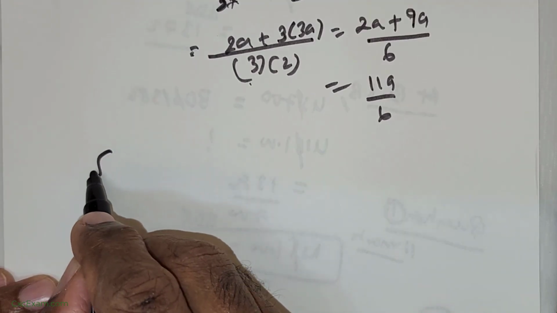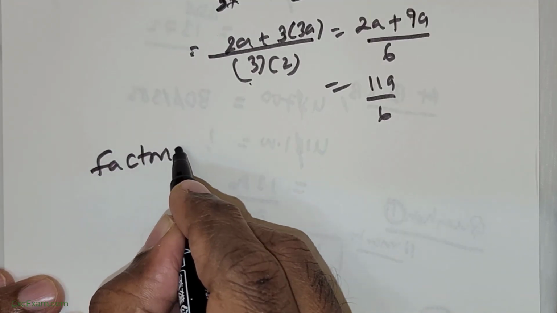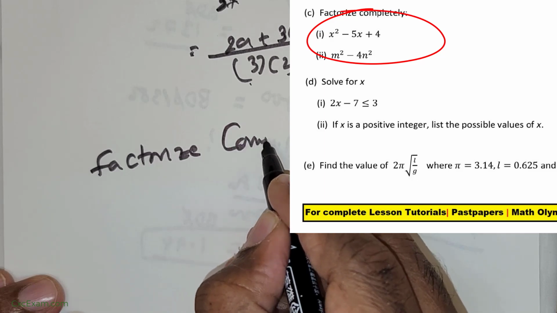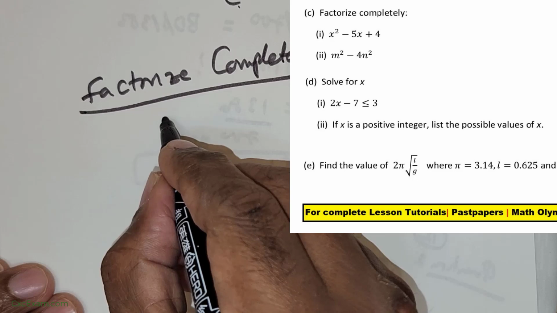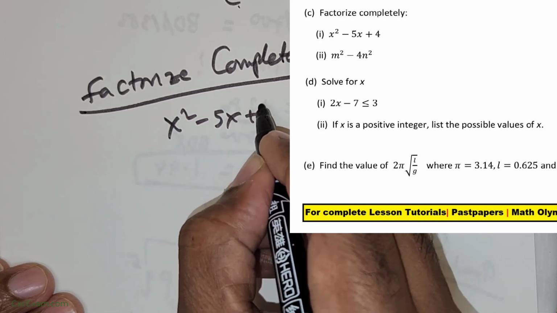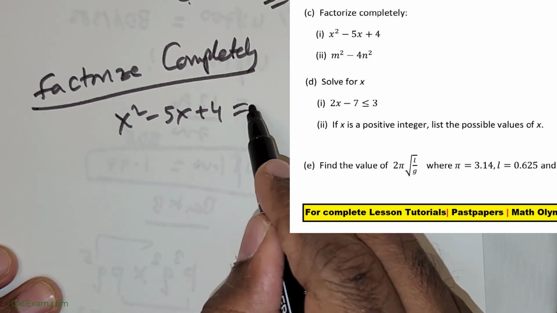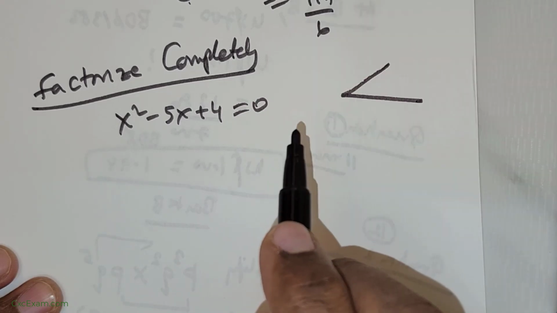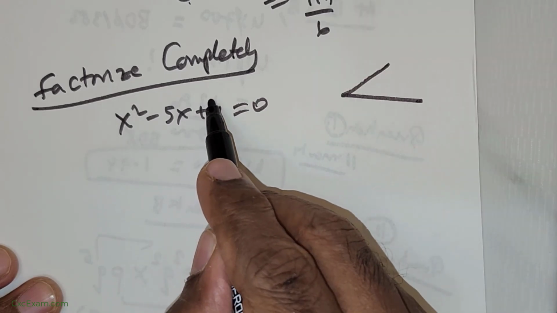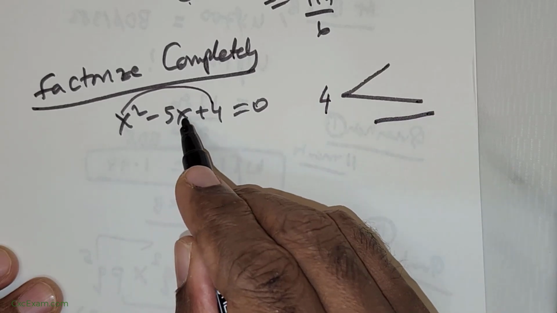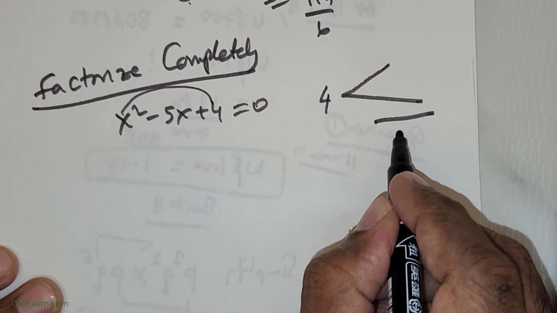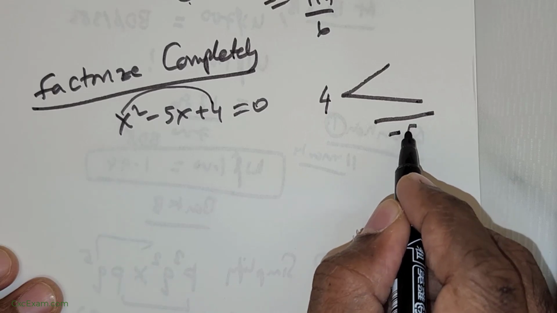Now this is the next question. It states factorize completely. So you have been given x squared minus 5x plus 4. Now what you have to do is multiply 4 with the coefficient of x squared, that's 1. The coefficient of x is minus 5.